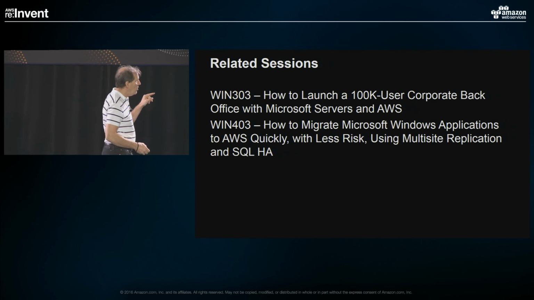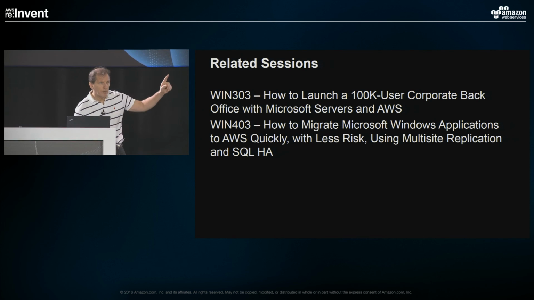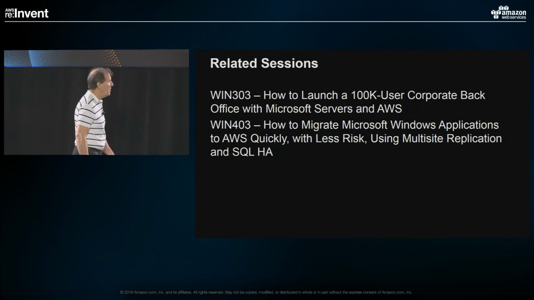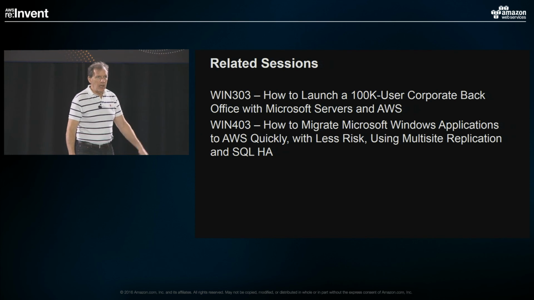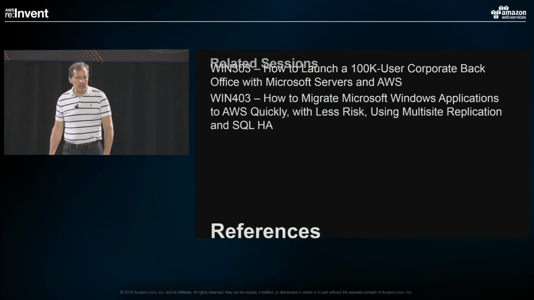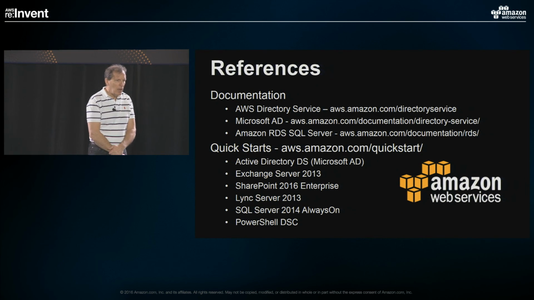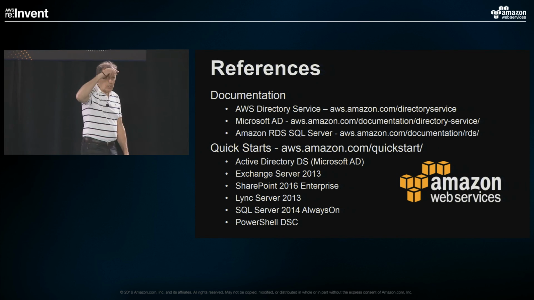And then tomorrow at, I think it's 1 o'clock in 3203 next door, we have how to migrate Microsoft Windows applications to AWS quickly. So this will cover a lot of the details. Now, in addition to these related sessions, there are some great materials that we've got available for you, particularly in the Quick Start area. How many people have seen the Quick Starts? A few of you.